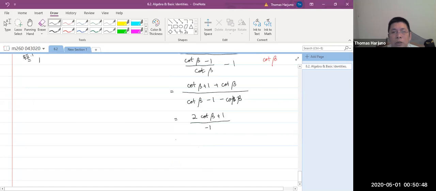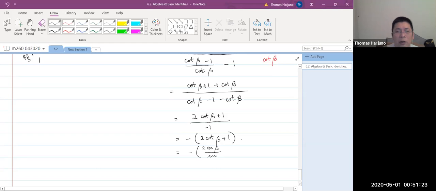This is actually just negative 2 cotangent beta. I think this is simple enough, but if they want us to write it in terms of sine and cosine, then that will be negative 2 cosine beta over sine beta.